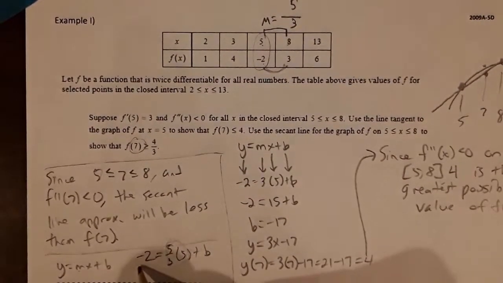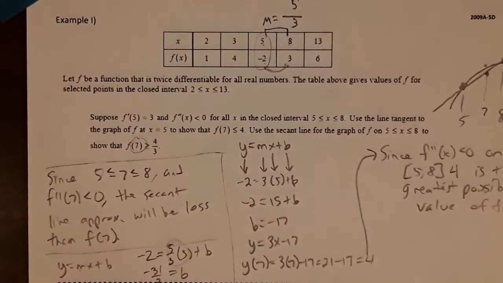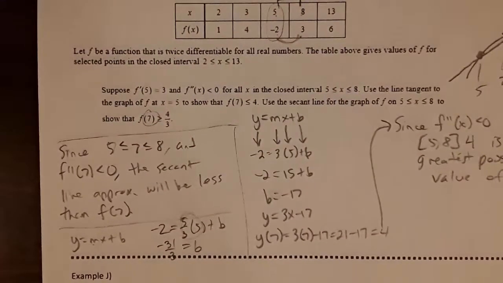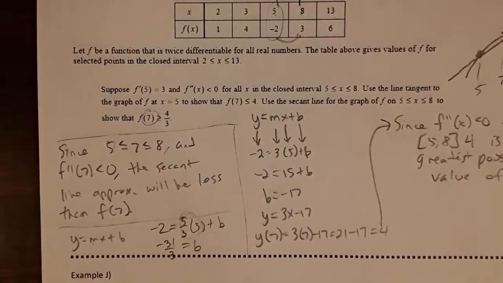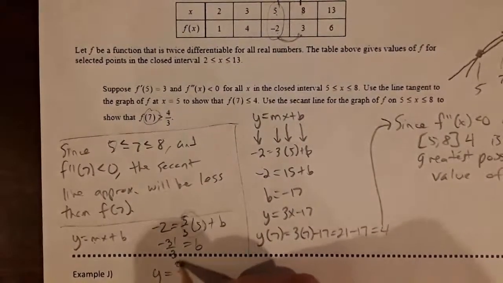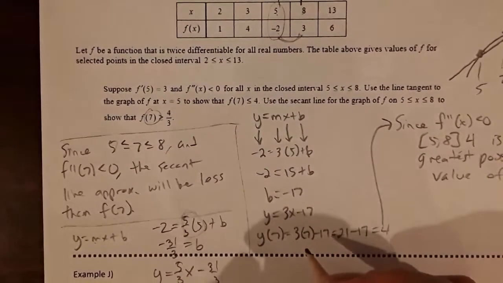If I take that away, -2 is like -6/3. So I'd get -31/3 for b. So my equation would be y equals slope 5/3 x, and then -31/3 for b.